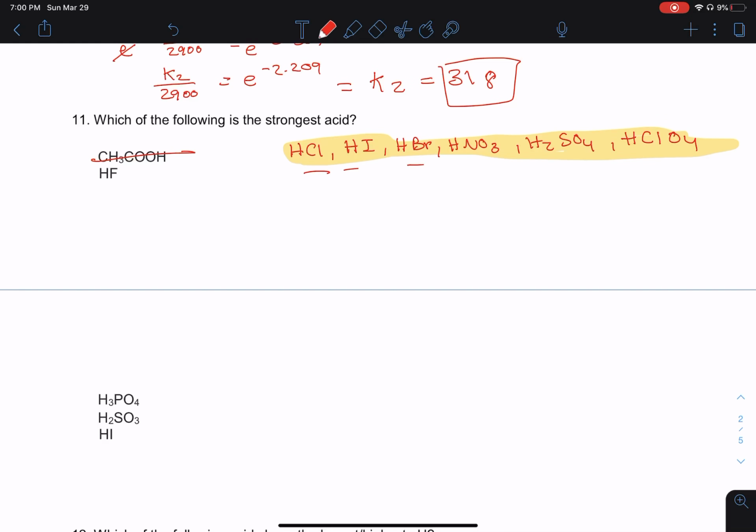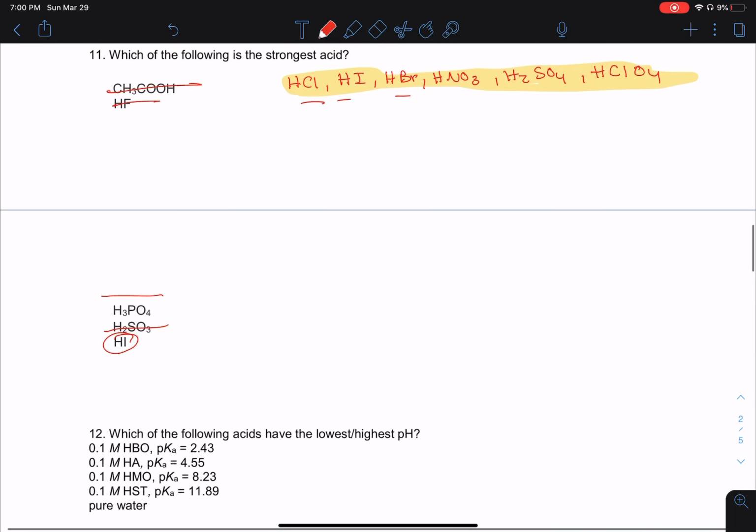And that means that it will not readily give up that H because it's so electronegative, and that's what goes behind why HF is a weak acid. So if we just go through this other list, we'll find out that HI is the answer.